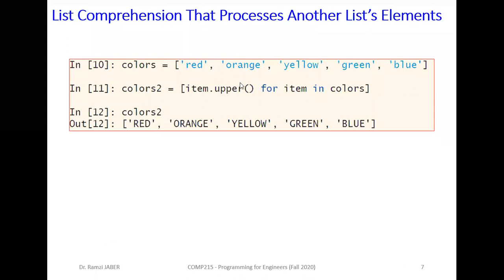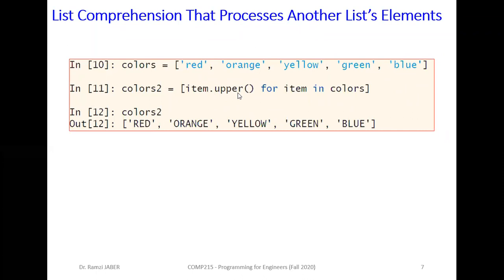Okay, let's go back to this example. We defined a list called colors that included red, orange, yellow, green, blue, five strings. Here we declare another list called colors2 using list comprehension and the list method upper, calling the previous list.